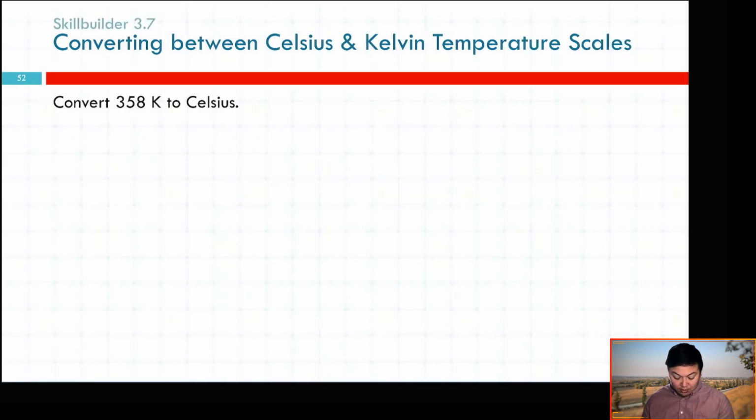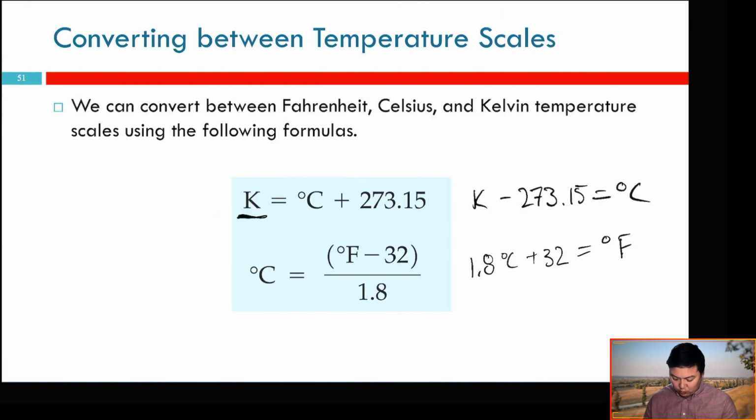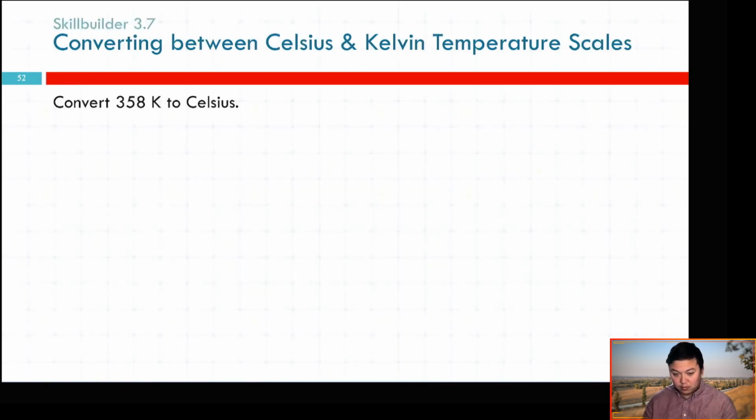Okay, so let's convert 358 Kelvin to Celsius. Since we've already done that, we can just grab our equation here. I will copy this. Right, okay, so now we have our equation. Converting from Kelvin to Celsius or to Fahrenheit is really quite easy. It's a plug and chug operation once you've done the rearrangement.